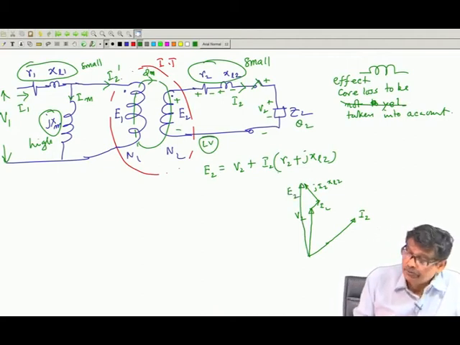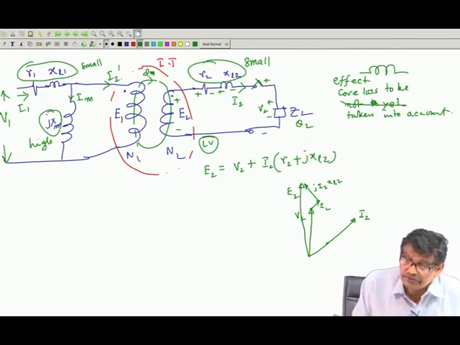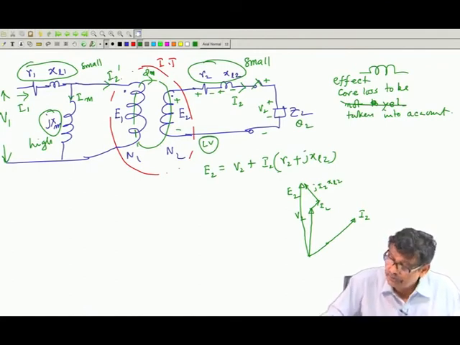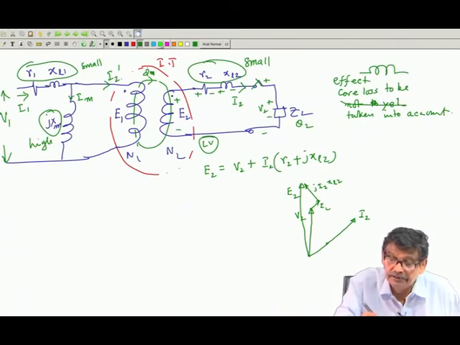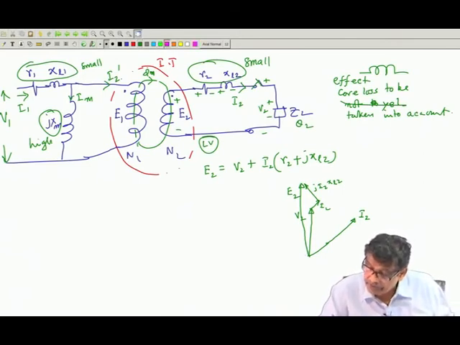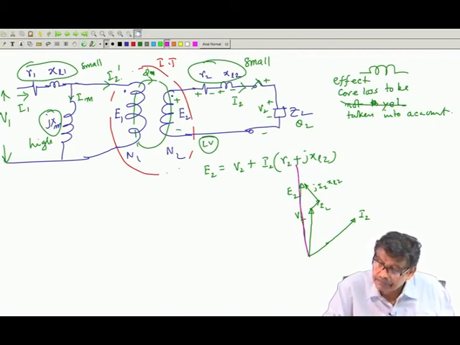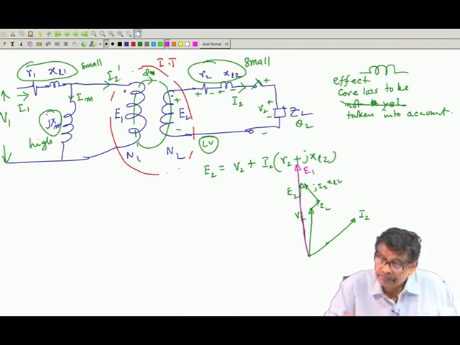If you get E2, then your E1 is in phase with E2. So, your E1, I will draw in a different color. Suppose this is your E1.